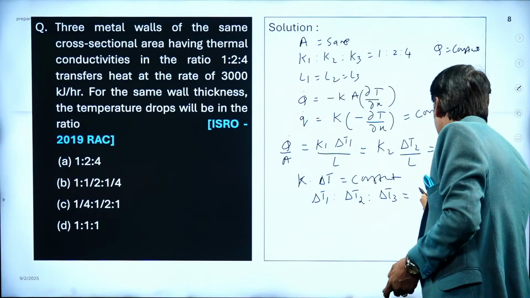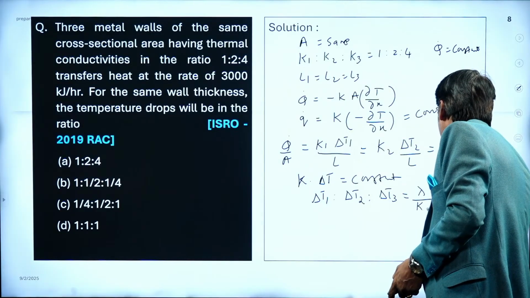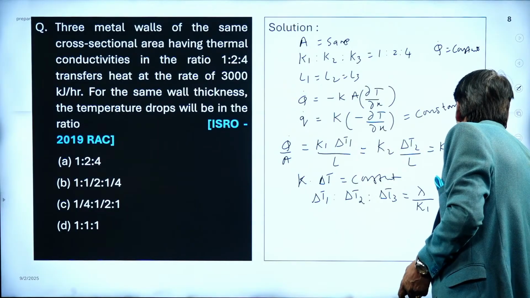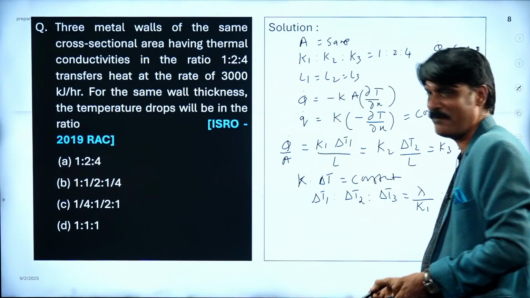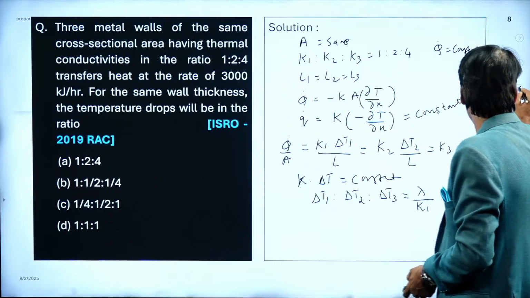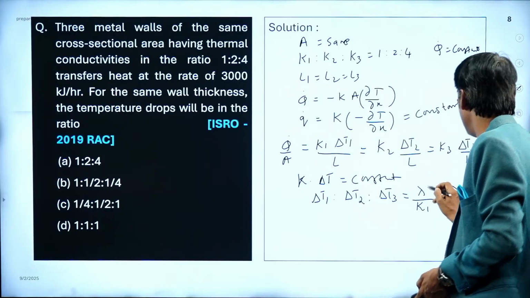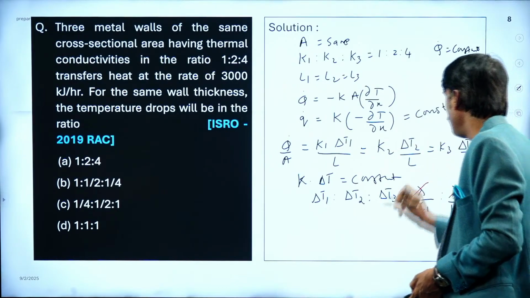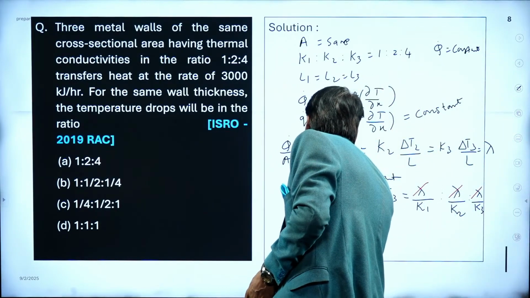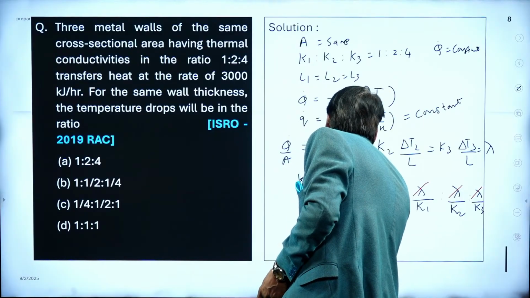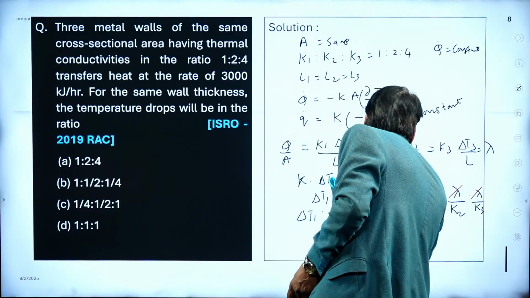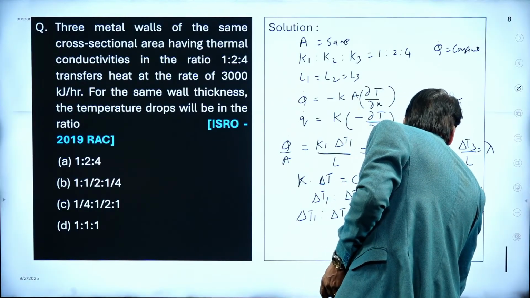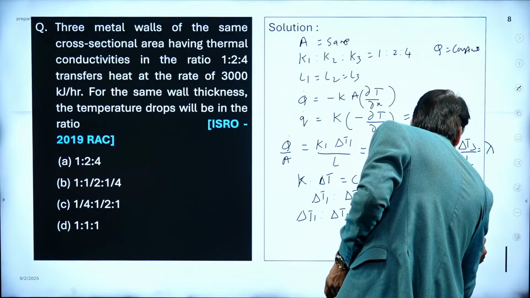So I can write it as lambda by K1 is to lambda by K2 is to lambda by K3, because thickness is also the same. Now I will cancel this lambda, and then come back and write delta T1 is to delta T2 is to delta T3 is equal to 1 by K1 is to 1 by K2 is to 1 by K3.